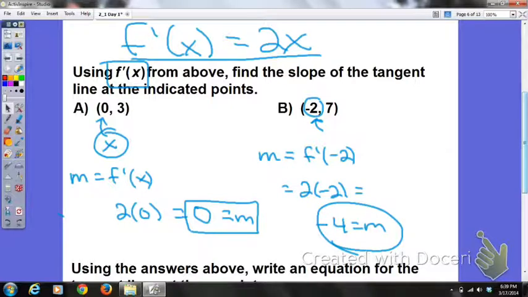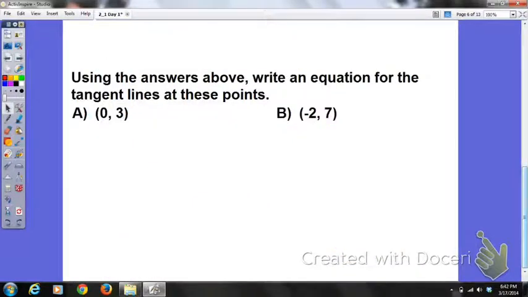We're now going to use the slope and our given points to actually find the equations of the tangent lines at these specific points, using perhaps our point-slope form, since we have a point and we have a slope for each. In case you forgot, our formula for point-slope form is y minus y1 equals m times x minus x1.